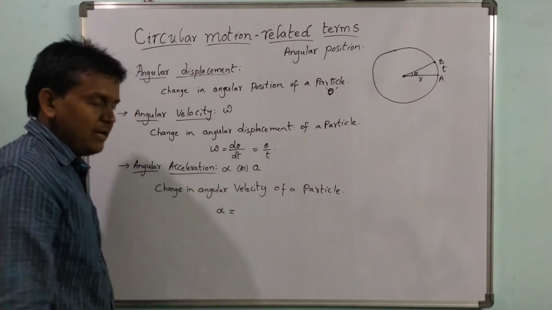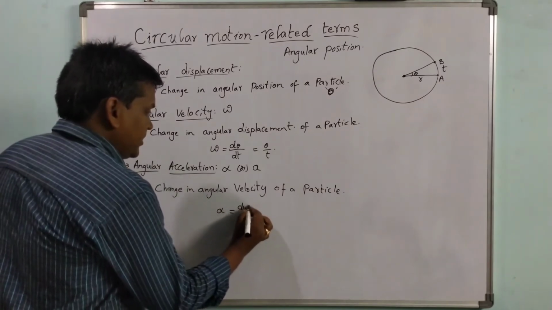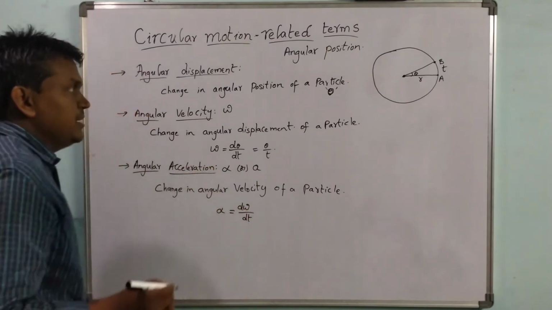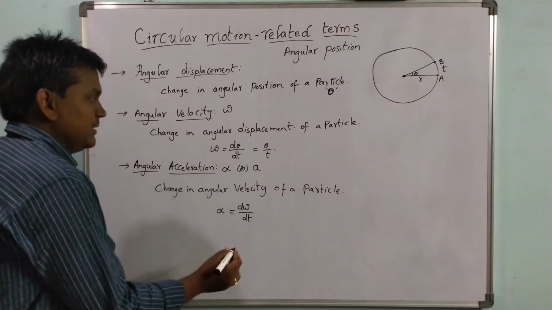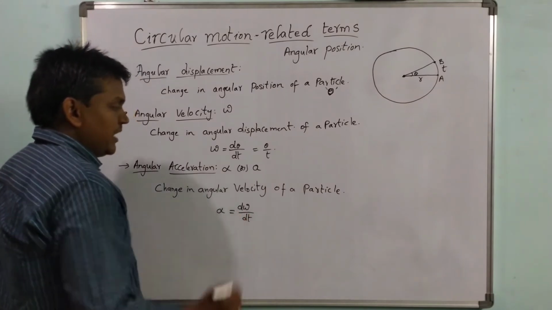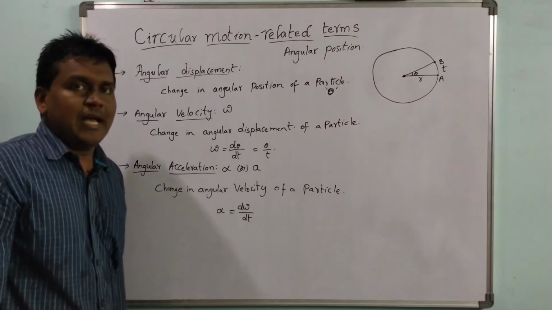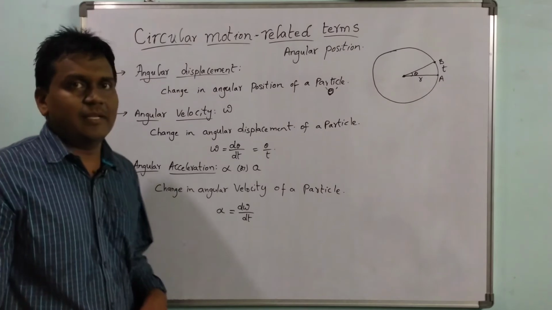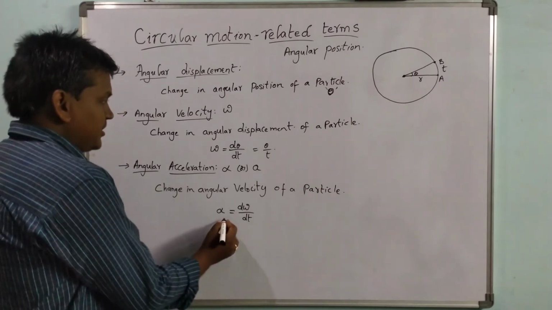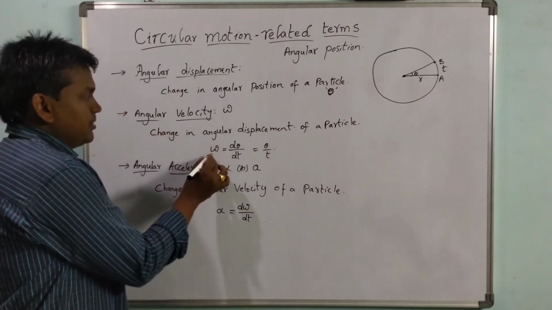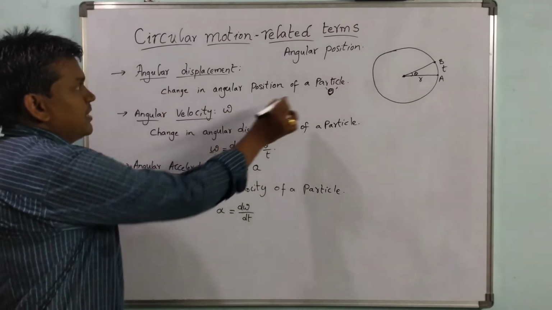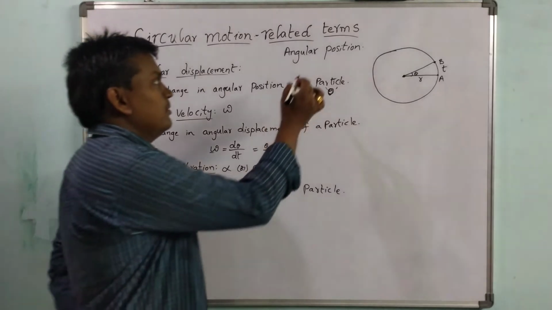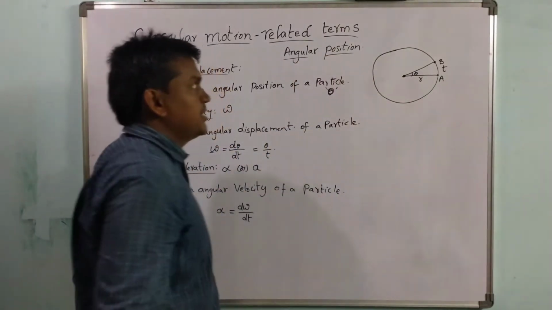Angular acceleration alpha is equal to d omega by dt, where d omega is the change in angular velocity. So that is angular acceleration. Angular acceleration is alpha, angular velocity is omega, and angular displacement is theta. We have already discussed angular position.